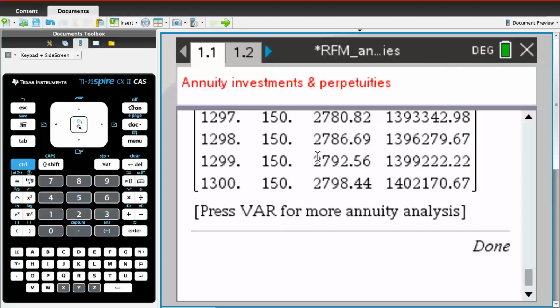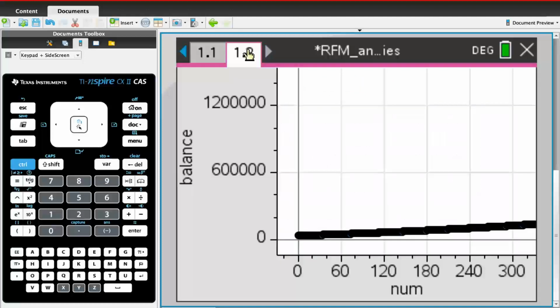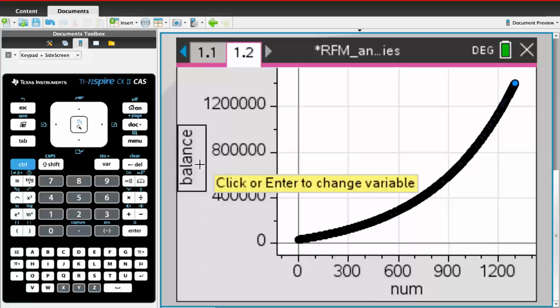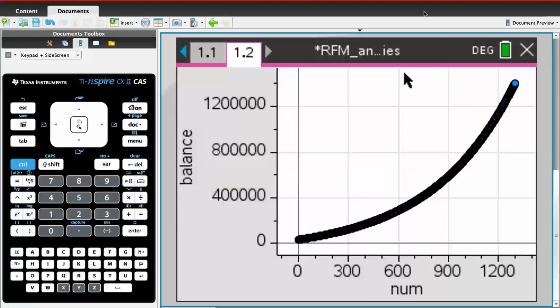So it does allow us to analyse further. For example, we could go to a scatter plot and put the number of the payment and the balance of the payment, and we can see the real curvature in how the balance changes over the 50-year period. Now, there are a lot of points here, 1,300 points.